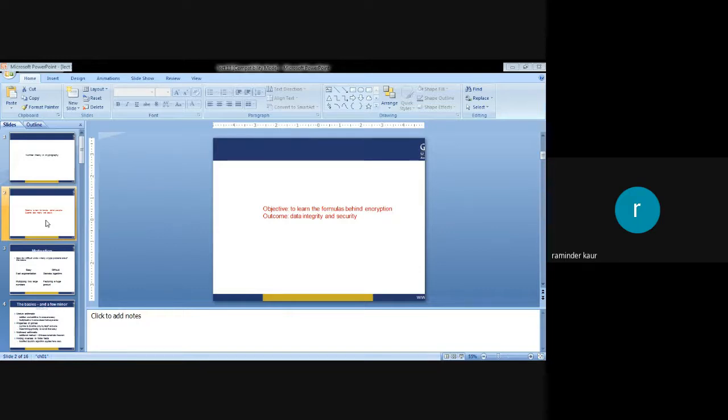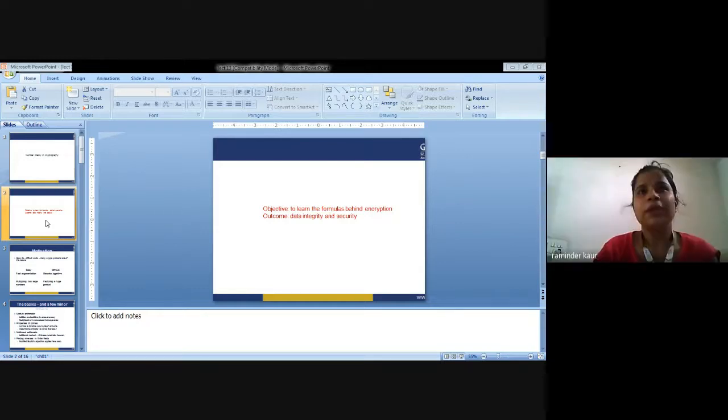GCD means greatest common divisor, and LCM means least common multiple. Then in addition, there are various theories related to integers, factorization, prime numbers. These are all the formulas and mathematical terms that you might have studied in the mathematics class of the BTech.